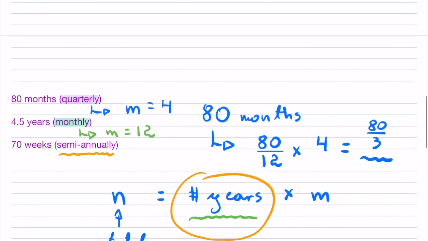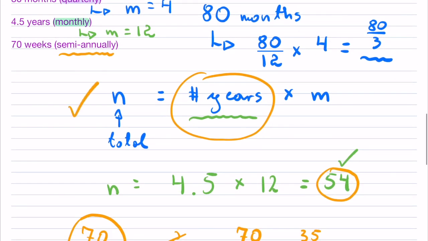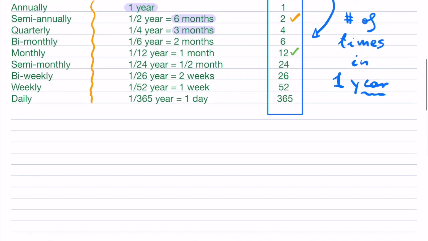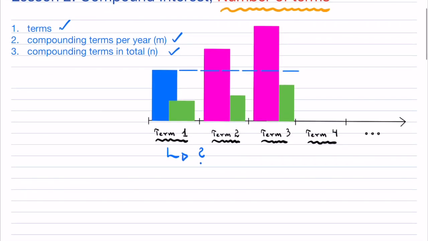Once we have that, then we can use our formula right there to obtain the total number of compounding periods or terms. And these terms, that's what we were referring to right here. So term 1 could be maybe 1 month. It could be maybe 3 months if it's quarterly. It could be 1 year. And then at the end of that term, we simply add the interest on top of the principal, and then we start off again.